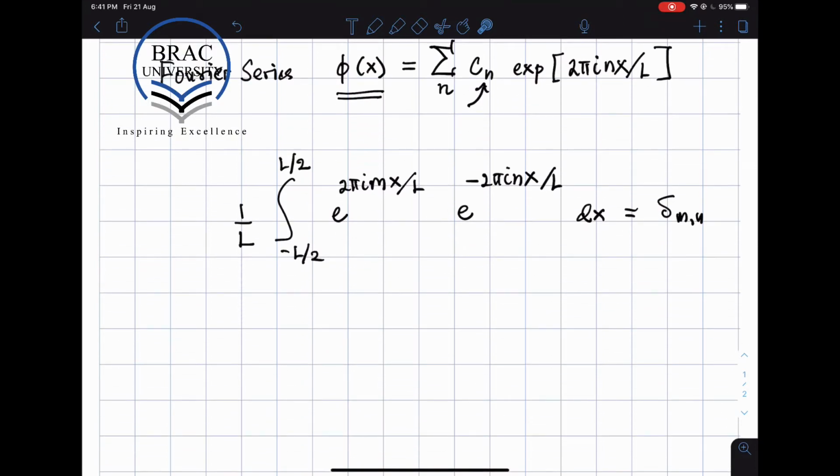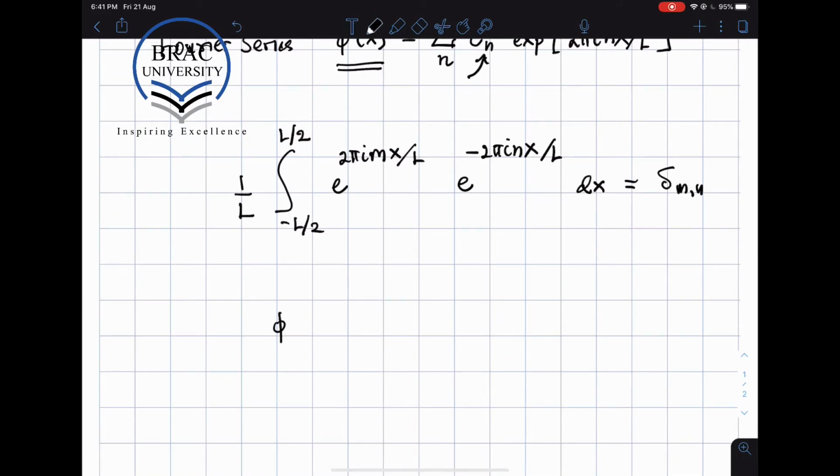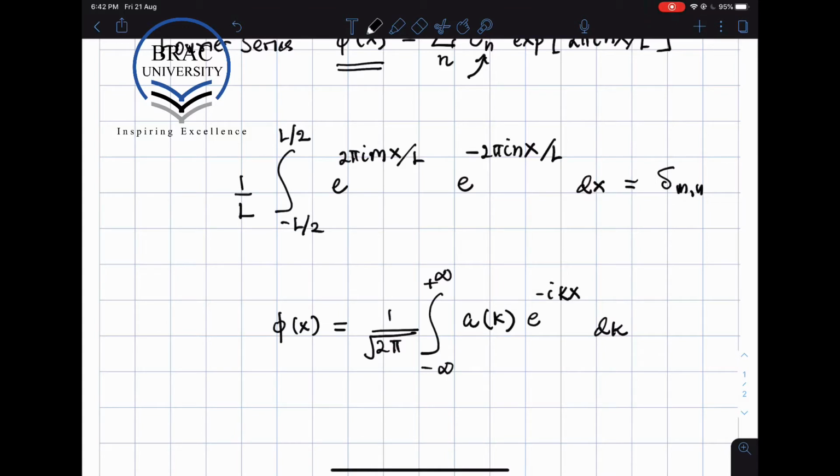Once it does that, then we can express that function as an integral. Here, these A_k are the Fourier coefficients in the case of the Fourier transform. So this is the Fourier transform.